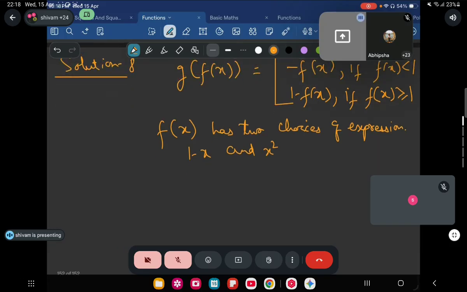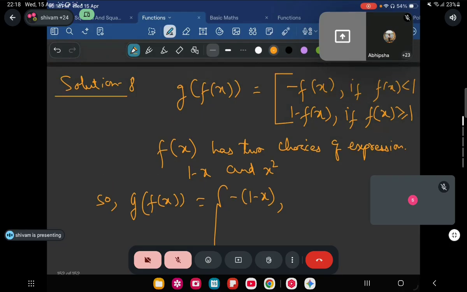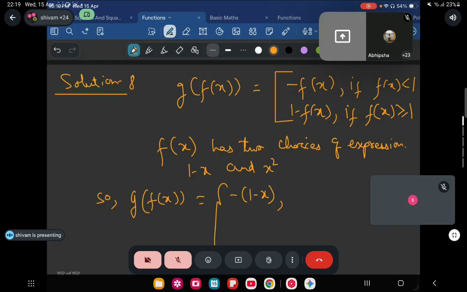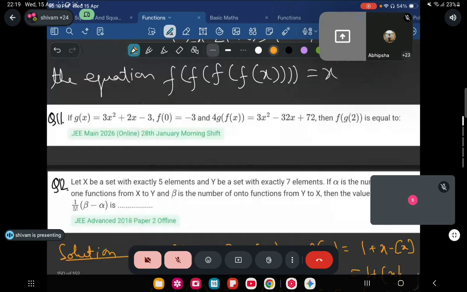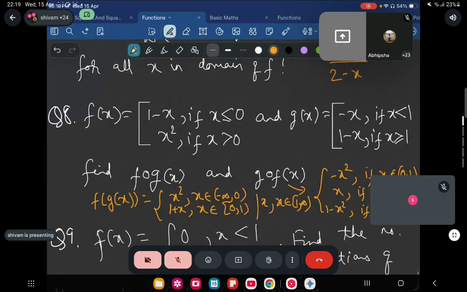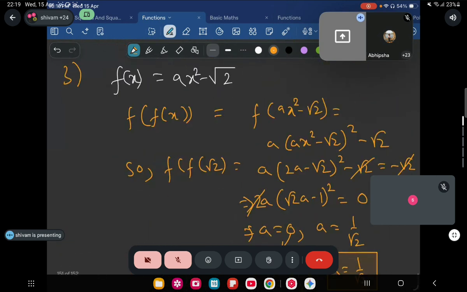So g of f of x will be equal to, first of all, I'm going to substitute 1 minus x. So it will become minus of 1 minus x when, when can I substitute 1 minus x? I can substitute 1 minus x when x is less than or equal to 0.